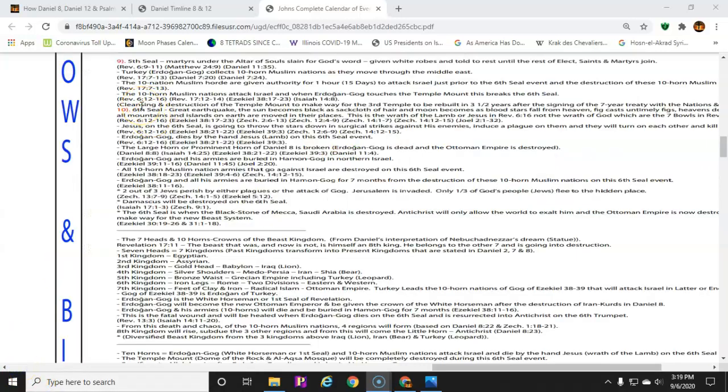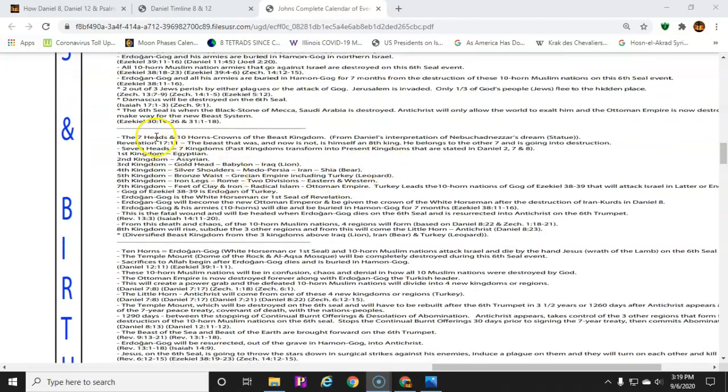So in the timeline on the text side, in step 10, we see that sixth seal event, how the earthquake event affects us all. And then I did this just under here for a reason, because I want you to see how the 7 heads and the 10 horned crowns of the beast kingdom are going to affect us from old to future, and how the Nebuchadnezzar statue and all of the different components link from past to future.